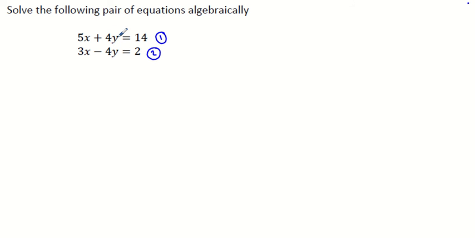You can see a 4y and then another 4y, but the negative. So we are going to add these two equations together so that 4y plus negative 4y cancels out, that's 0. So you read the equations downwards and you complete the addition operation as you read downwards.